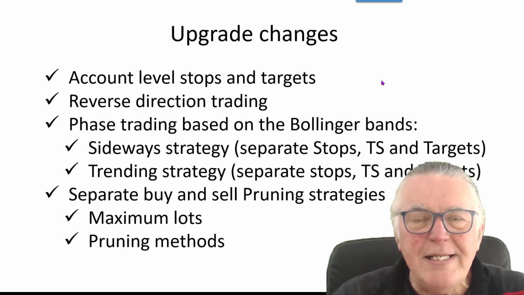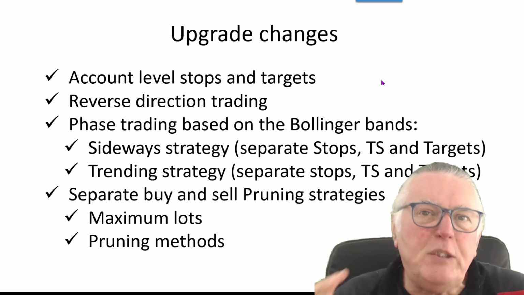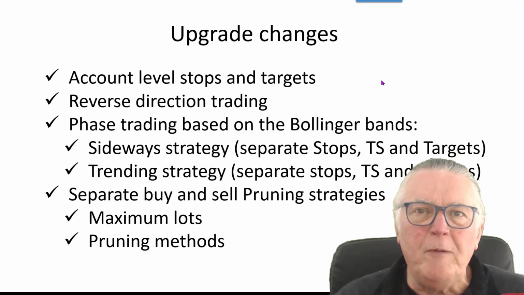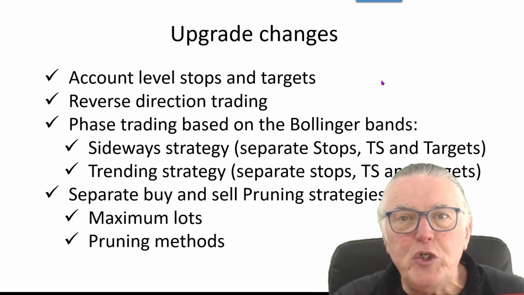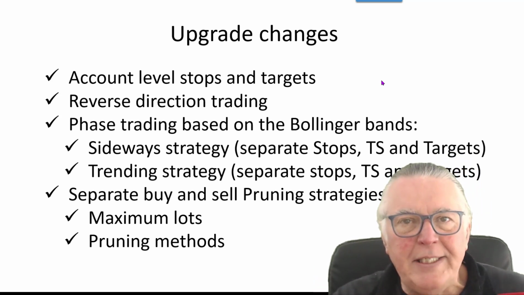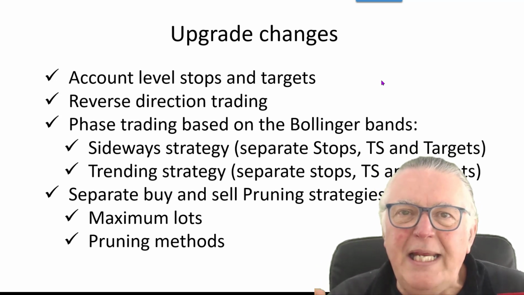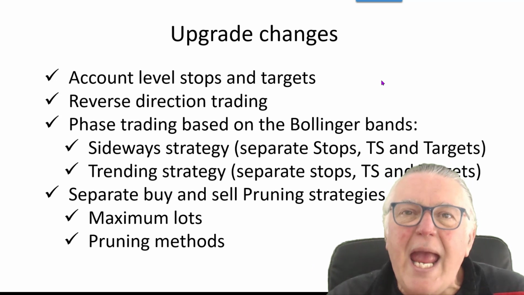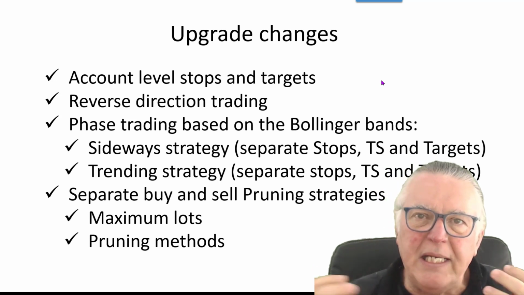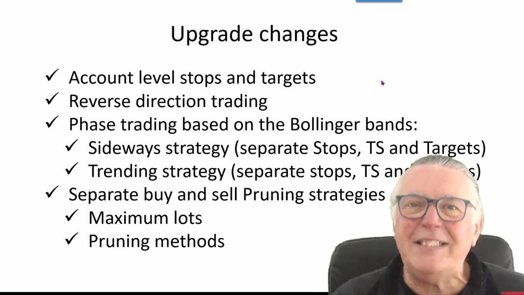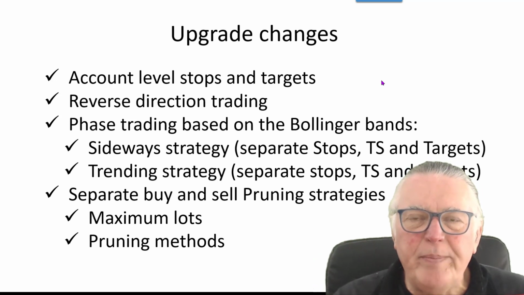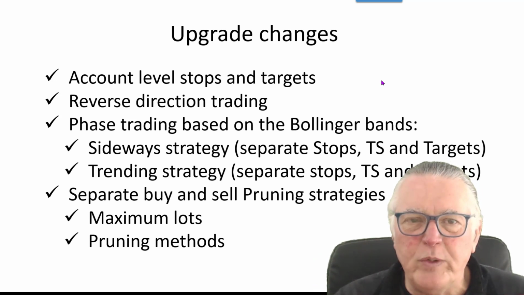So what that does is it enables us to split the EA into two, for it to have a trending strategy and a sideways strategy. That means it can actually make profits in a sideways market and it can make profits in a trending market. Fantastic change, and I'm going to spend quite a bit of time explaining how that one works.